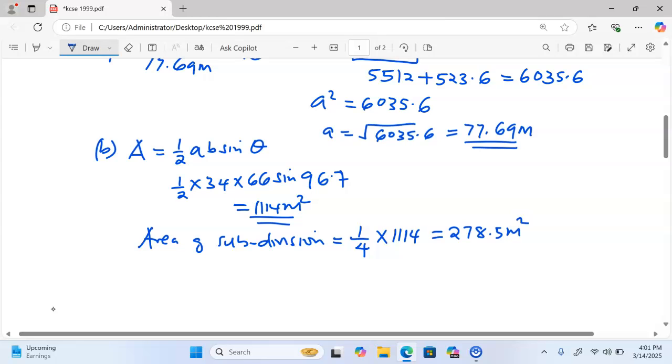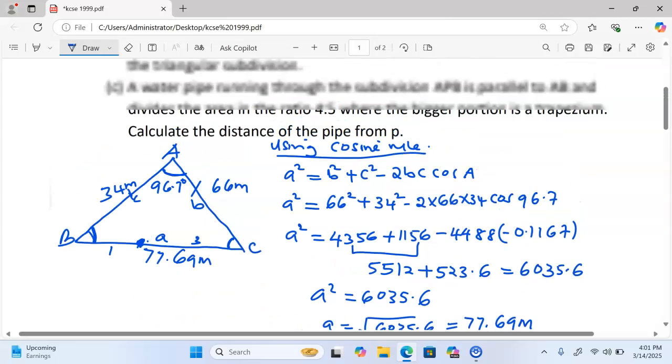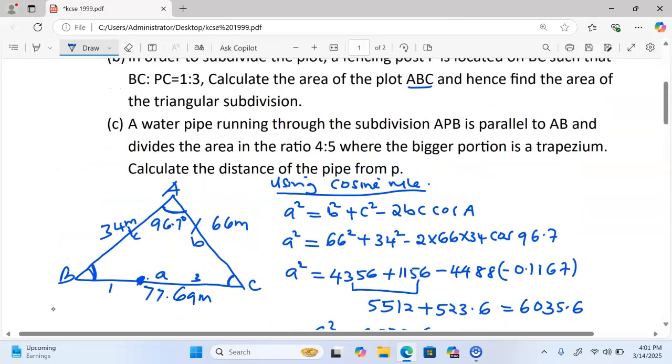We proceed to part C, which says a water pipe running through the subdivision APB. This is our point P here, so it is running this way and is parallel to AB and divides the area in the ratio of 4 to 5, where the bigger portion is a trapezium.